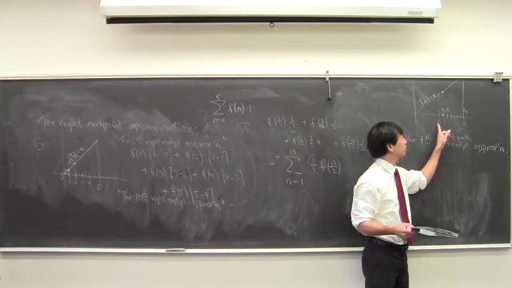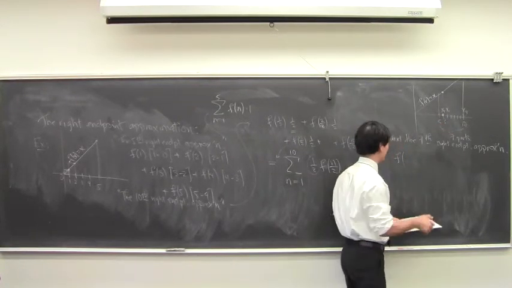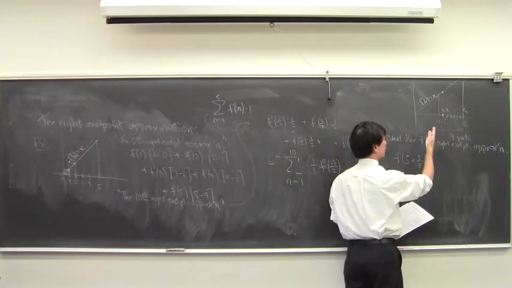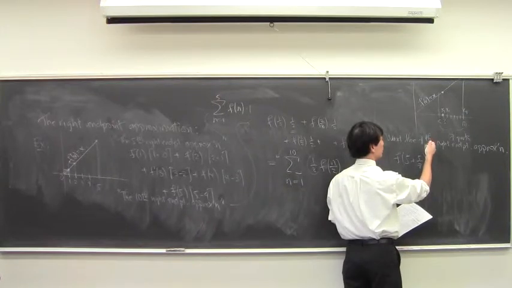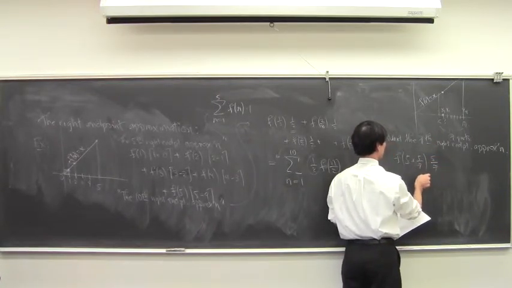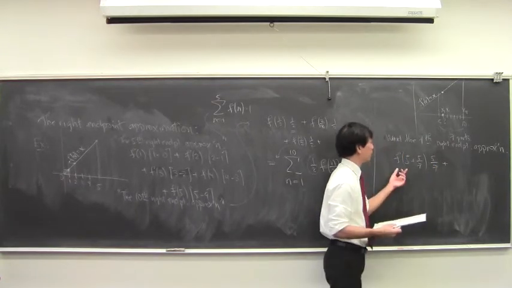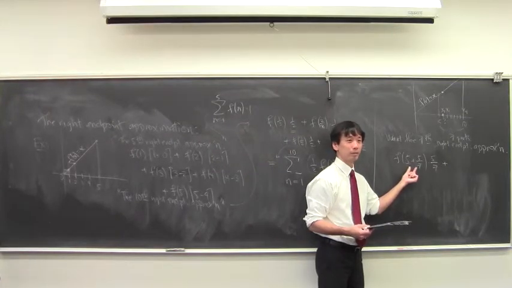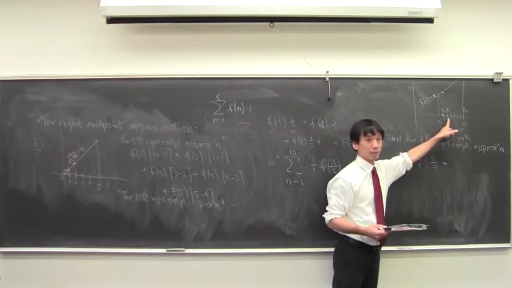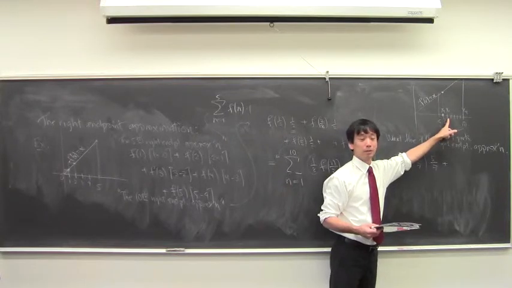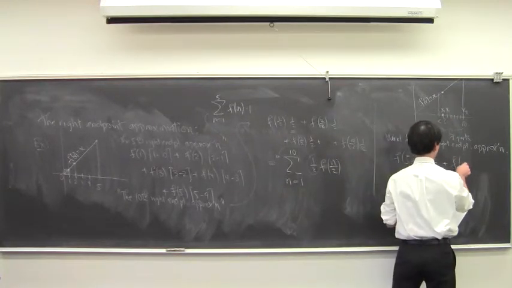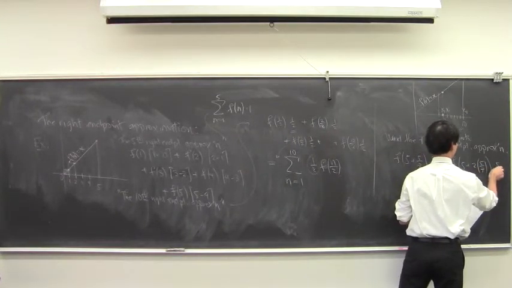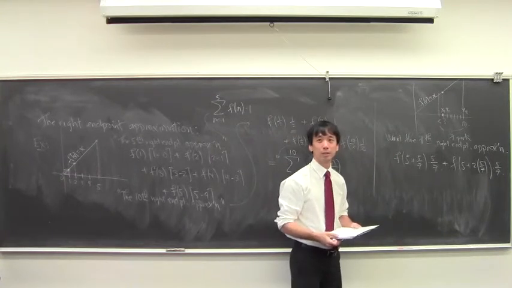So what's this point here? 5 and 5/7, right? So 5 and 5/7 times the width of the interval. What's the width of the interval? 5/7, right? And the next point is going to be what? f of, what's x2? 5 plus 10/7, right? So f of 5 plus 10/7 times 5/7.